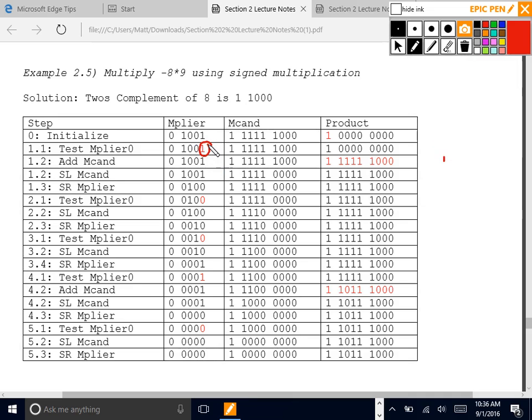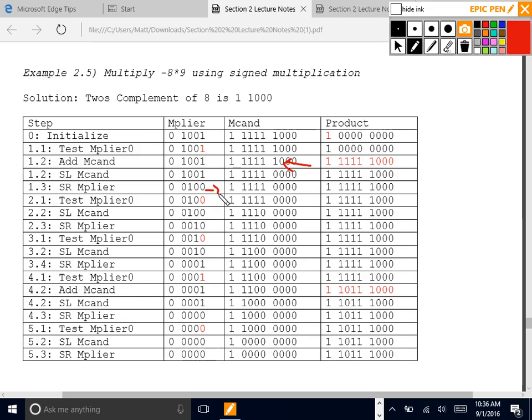So in that algorithm, it's multiplier 0, right? That's what that notation means. It is a 1, so we're going to add it. We're going to add the multiplicand to the product. Then we left shift the multiplicand and right shift the multiplier. Does that make sense so far?